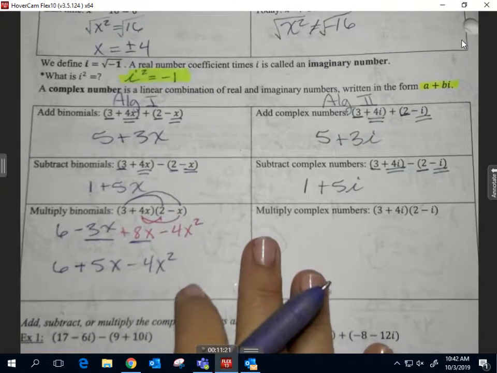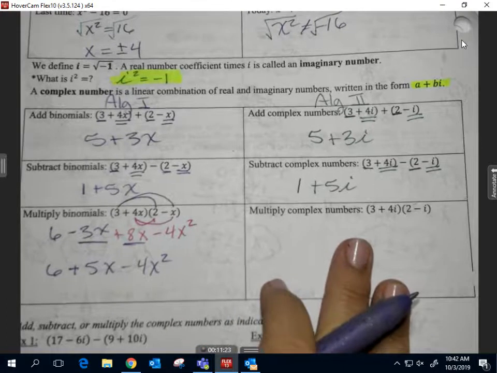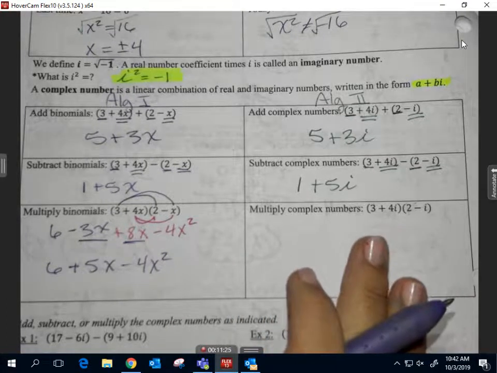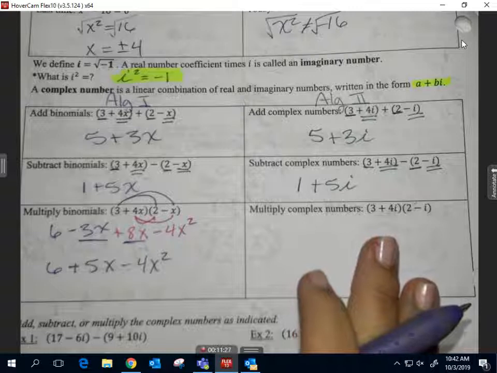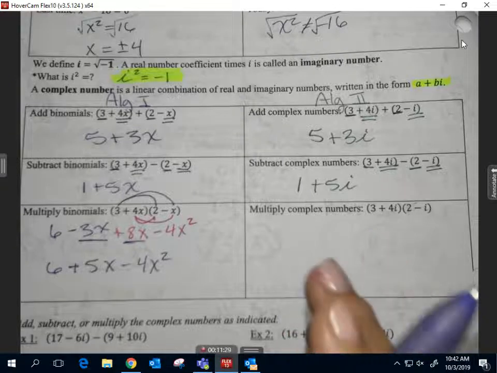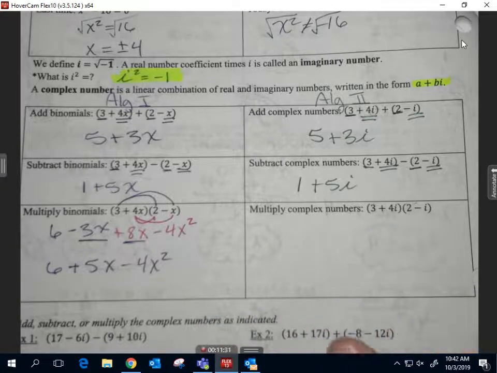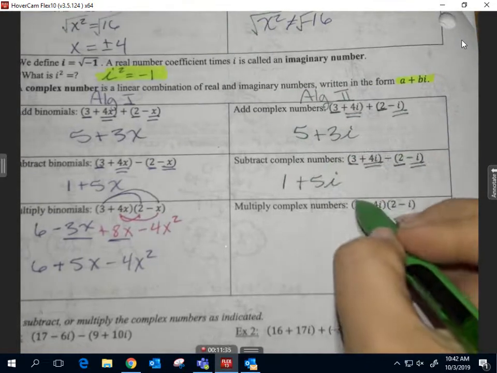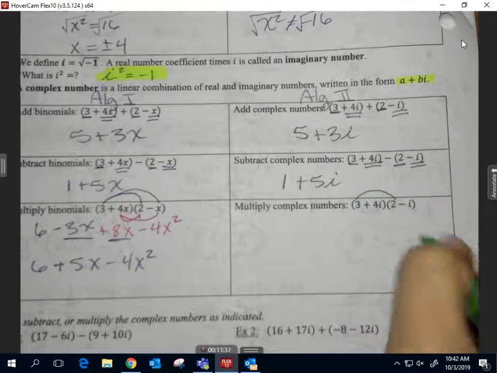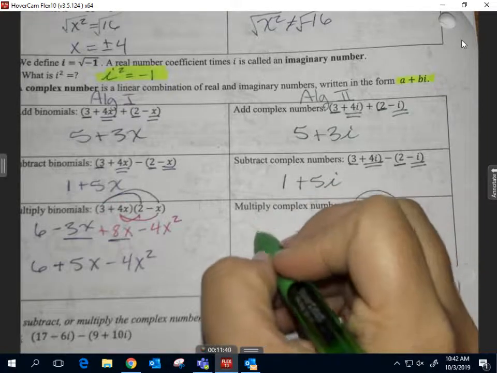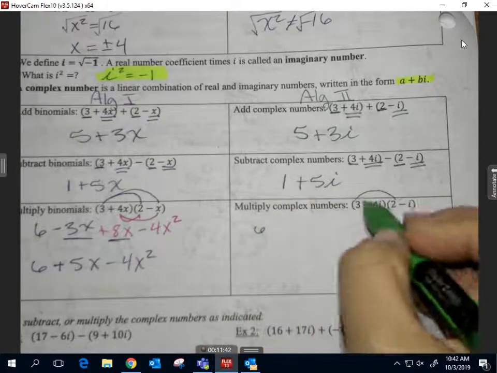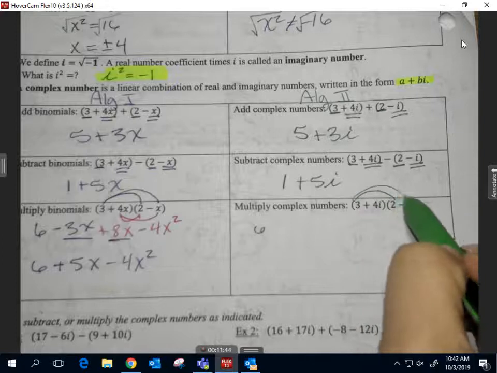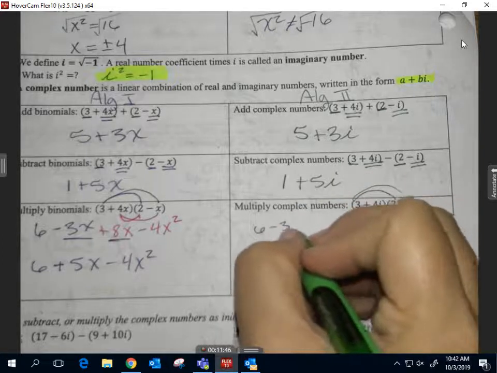Now you're going to notice when we do this over here with the complex numbers, we're going to be able to take another step because we know what i is, right? Here we go. So I'm going to go ahead and multiply the binomials. 3 times 2 is 6. 3 times negative 1i is negative 3i.